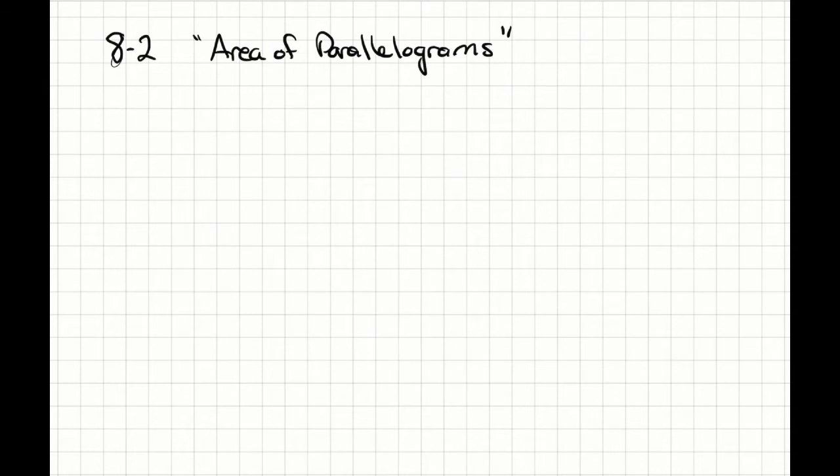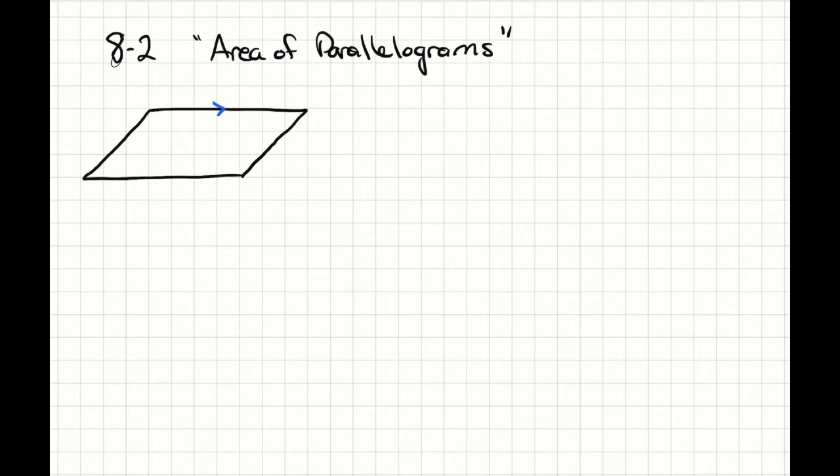All right. Now, if you recall from our previous notes, a parallelogram has this sort of slanted rectangle shape. Like so. Now, the word parallelogram means that there are going to be sets of parallel sides.